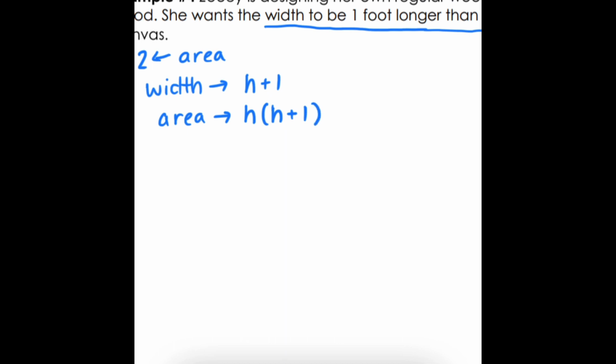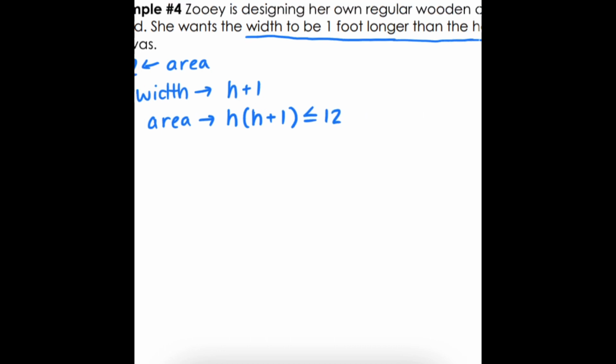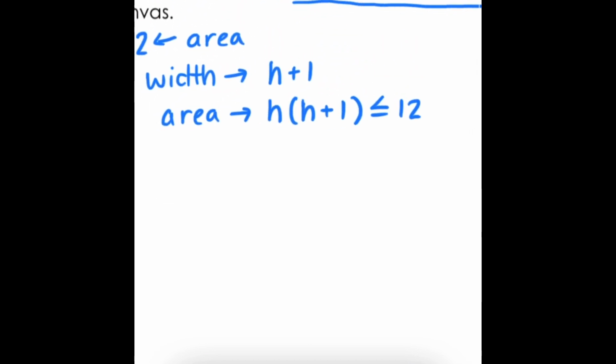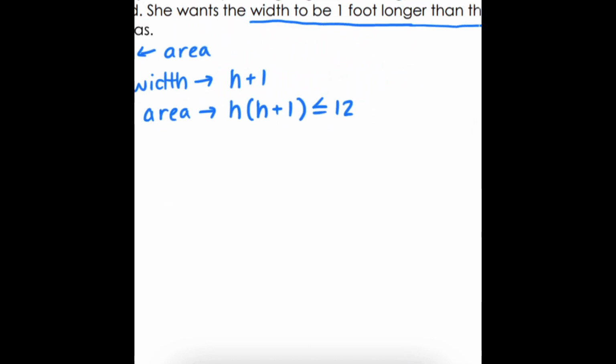So now we have one variable. And I know that this area is going to have to be less than or equal to 12 because that's how much square footage she has of wood. So the product of, remember this represents the width because it's one more than the height. And then of course this represents the actual height.